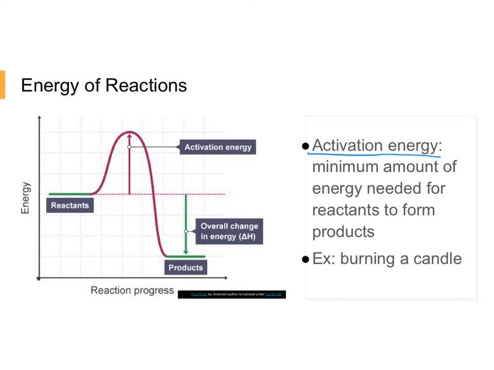But candles don't just burn spontaneously, meaning they don't just start igniting on their own, right? If you just put a candle out in your room, it's not going to magically light all by itself. The chemical reaction has to have a certain amount of energy in order to convert your reactants to your products. Okay? And that amount of energy needed is the activation energy.